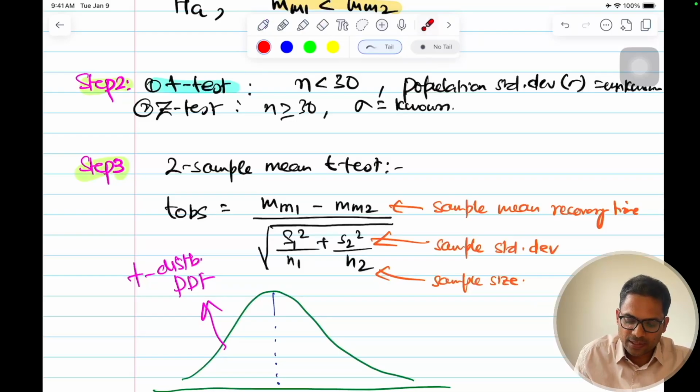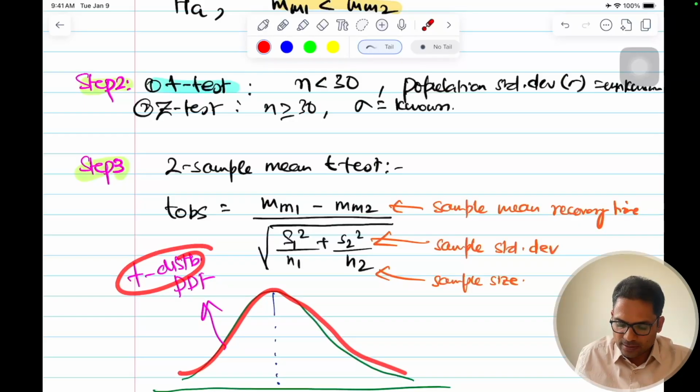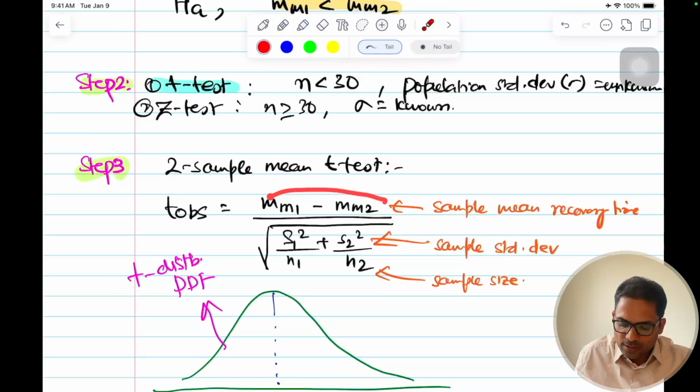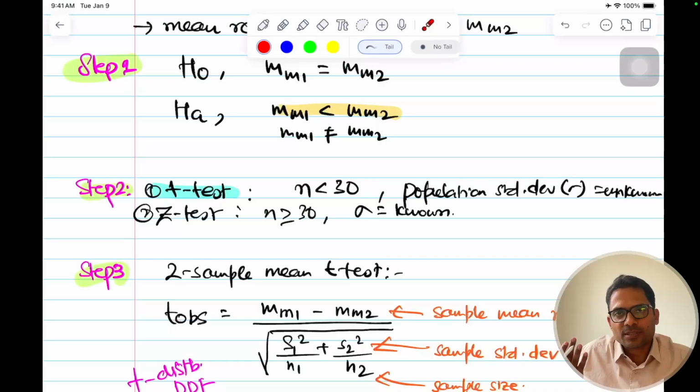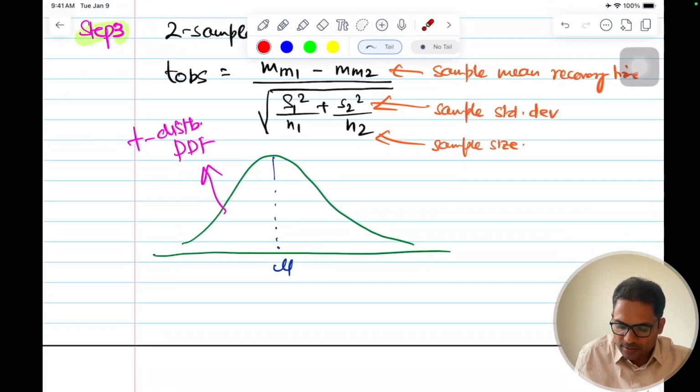It also has degrees of freedom, etc. I'll not discuss that now; that is in the other video. So this is the PDF of the t distribution, and this is mu. If both means are very close, that is my null hypothesis: there is no difference between them, so it will come near 0.